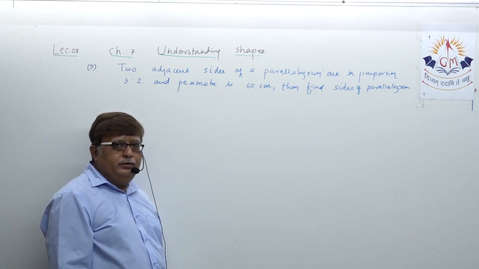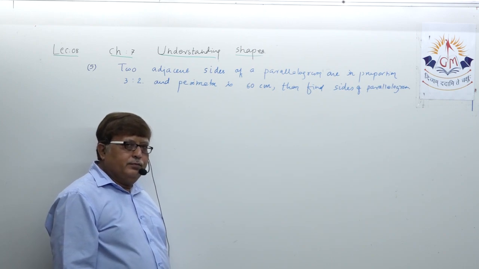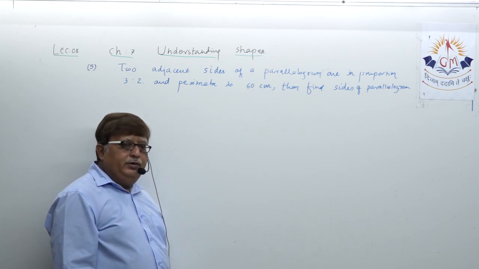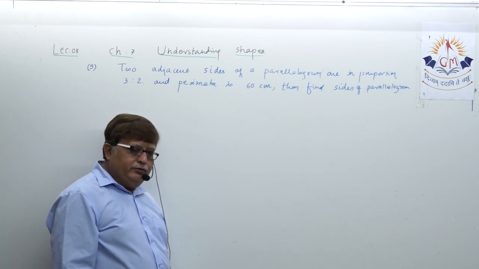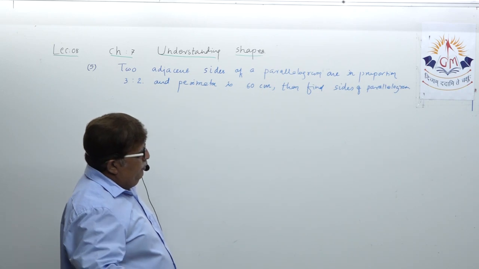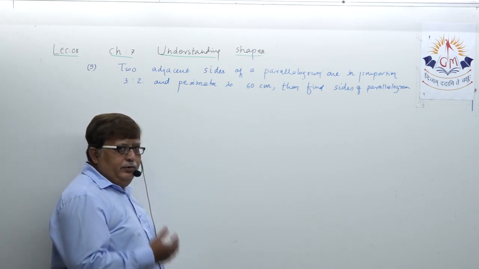First, dear student, understand the concept. Two adjacent sides are in proportion of 3 is to 2 and the perimeter has been given 60. Let us try to understand this particular example.